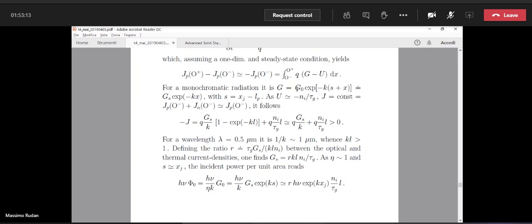So if there is a large illumination, Gs is large. It is written below: h nu phi 0, that is the flux of photons. h nu is the energy of the photons. Phi 0 is equal to G0 divided by the efficiency. The quantum efficiency is near 1, and K. So substantially we can assume that this term is dominant.